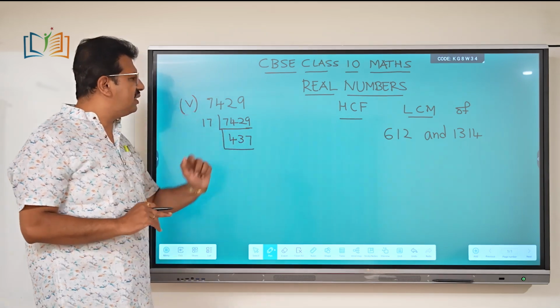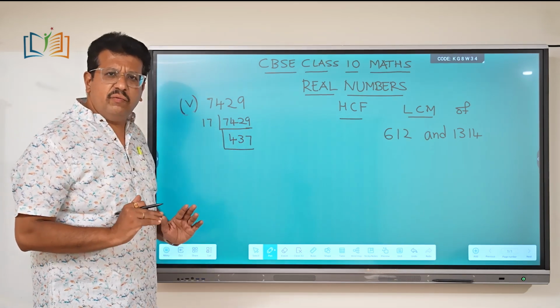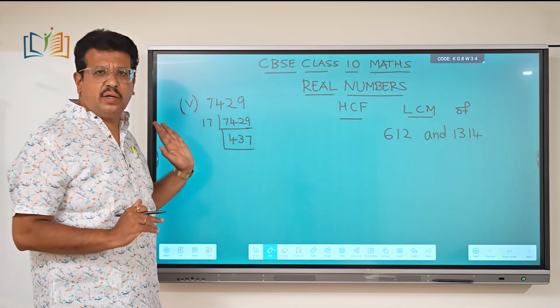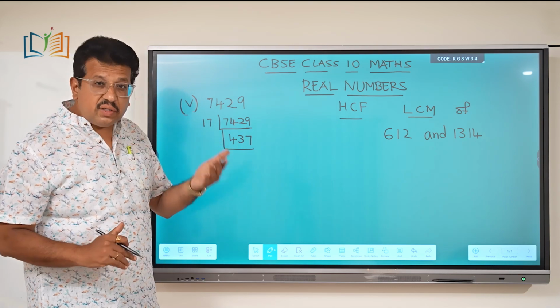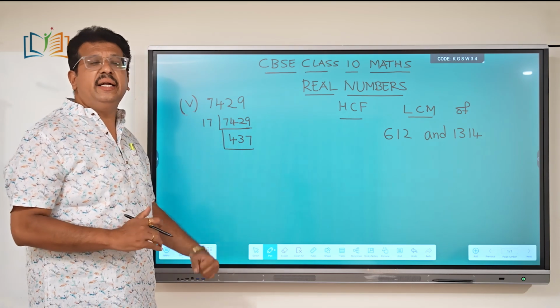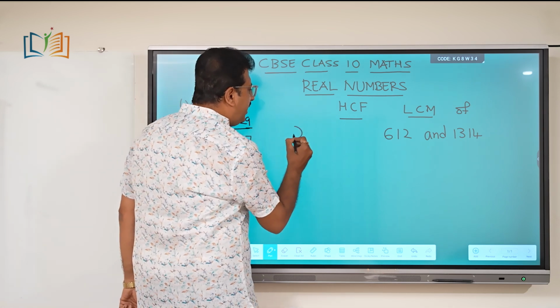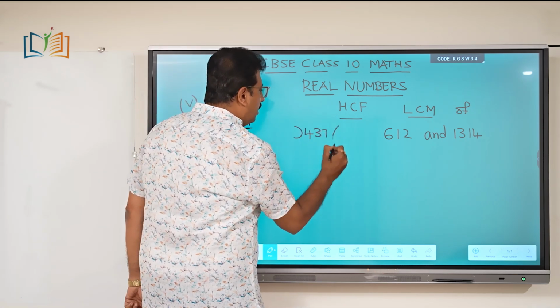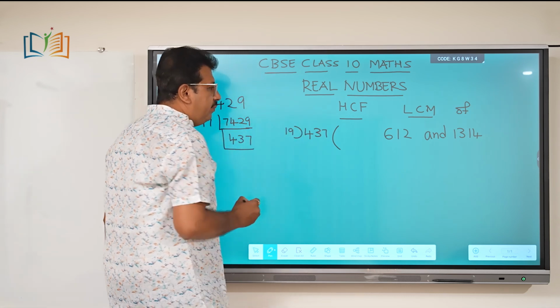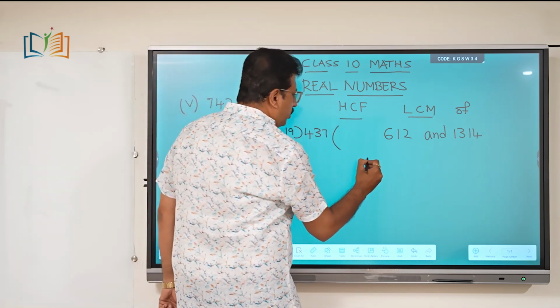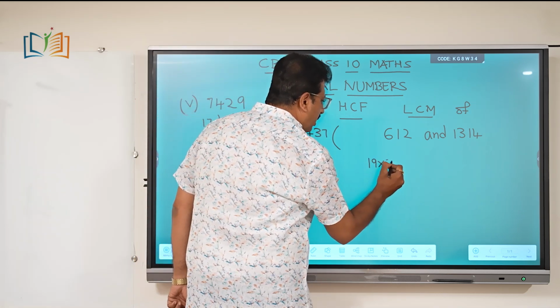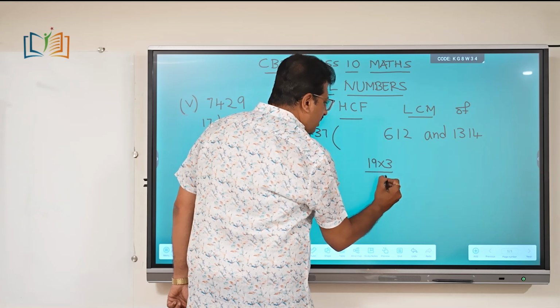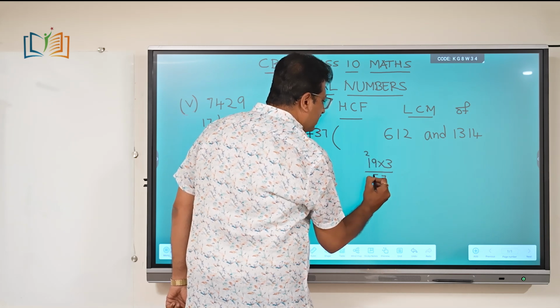Now comes 437. 437, which table? 17 table is not possible at all. That is 100%. After 17 table, which will come? 19 table. So let us see the 19 table. 437, 19 table. So with 19, again you should see 19 threes are what it comes, 3 nines are 27, 3 ones are 57 it comes.